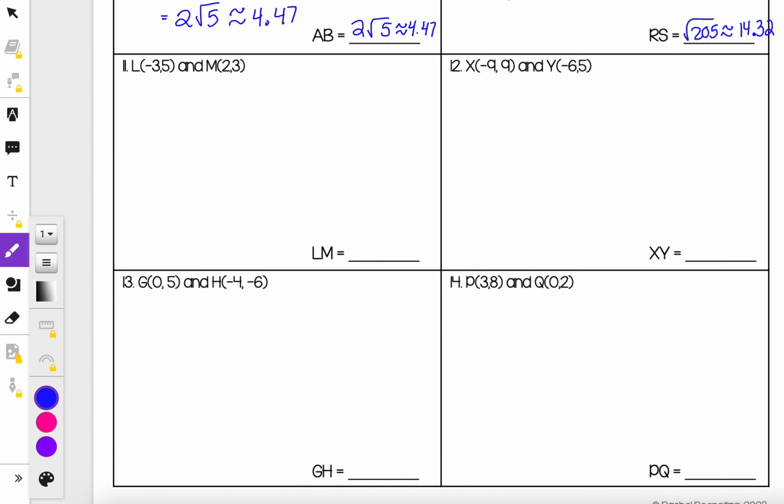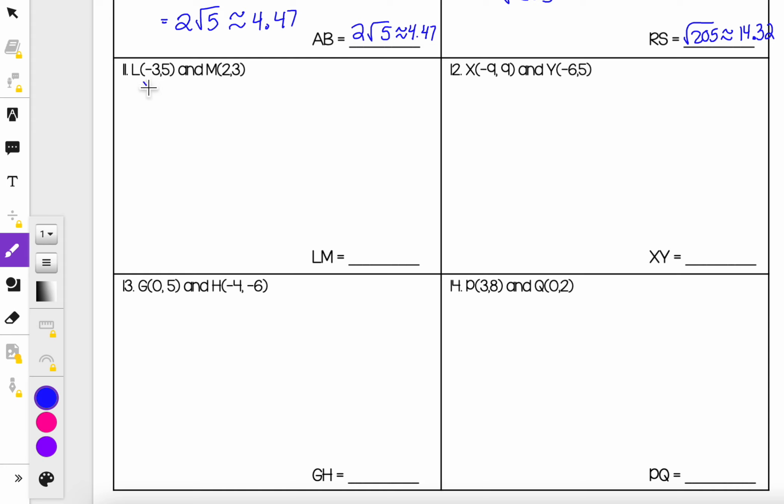Moving along. Again, it is definitely worth it to take your time to label these coordinates. So if I wanted to find the length of LM, I have x2 minus x1, so that's minus a negative, that becomes positive, squared, plus 3 minus 5 squared. 2 plus 3 is 5 squared, plus -2 squared.